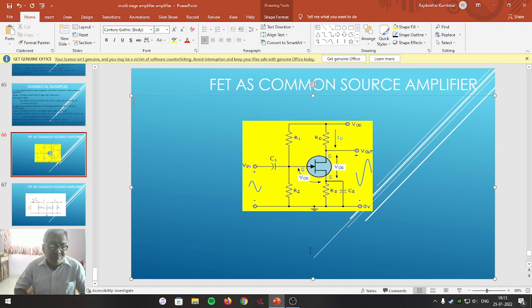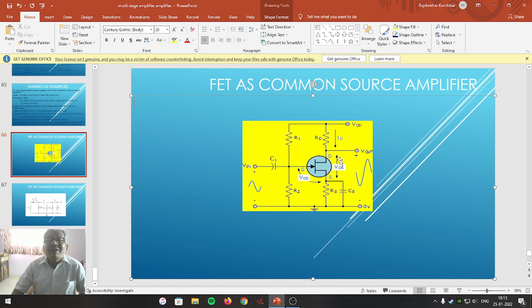By using these formulae and by making use of the small signal model of FET as an amplifier, we are going to perform the analysis of FET as a common source amplifier.